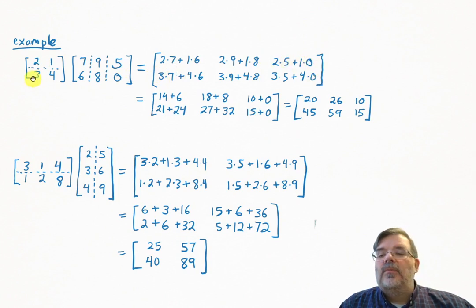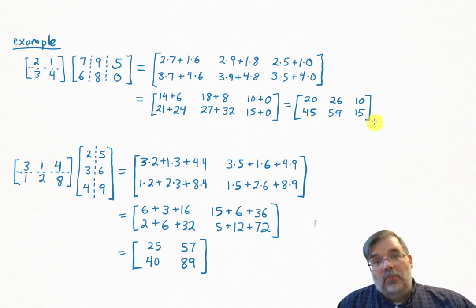Then in the next row, we'll have 3 times 7 plus 4 times 6. We'll have 3 times 9 plus 4 times 8. And 3 times 5 plus 4 times 0. When you calculate those up, you'll get the matrix 20, 26, 10, 45, 59, 15. Very similar types of calculations as when we worked with 2 by 2 matrices. There are just more calculations.